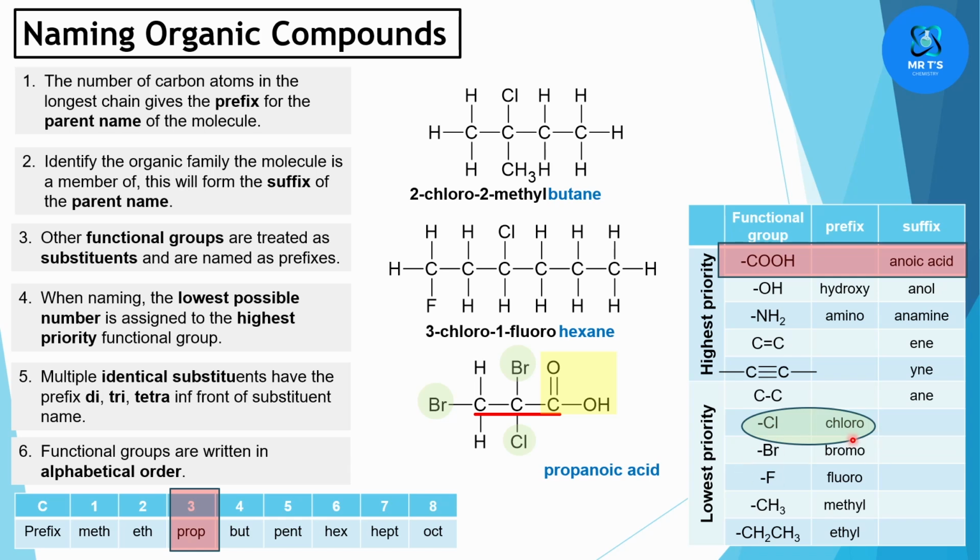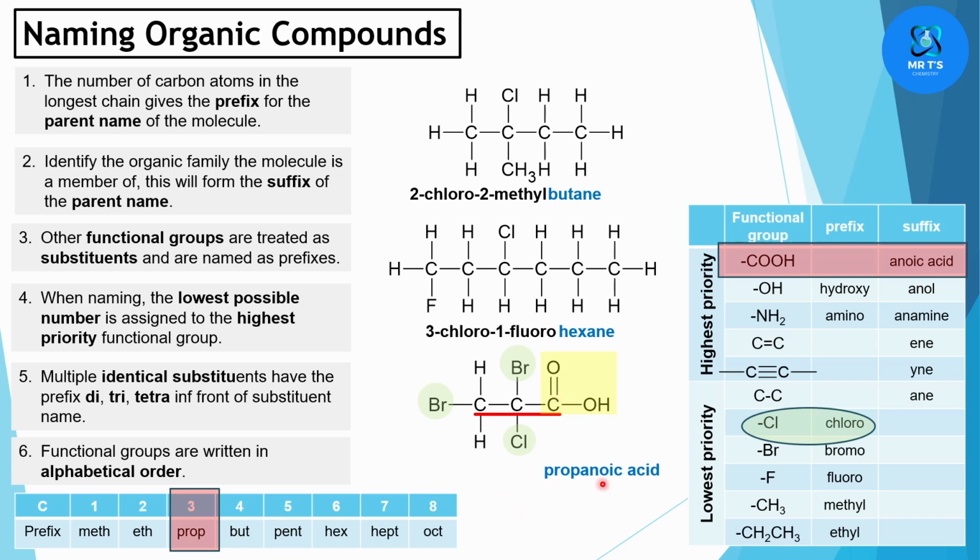Now, if we look down the bottom here at the chloro and the bromo, we ignore the priorities, because for the halogens they are not in priority order. When we write these out, the bromo is first because it comes first in the alphabet.